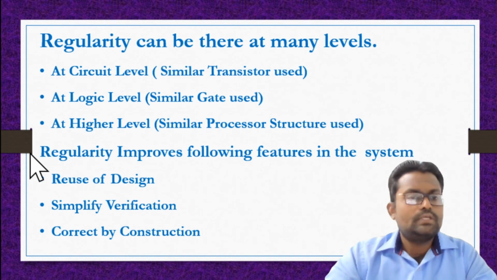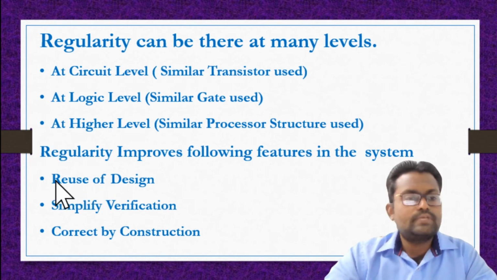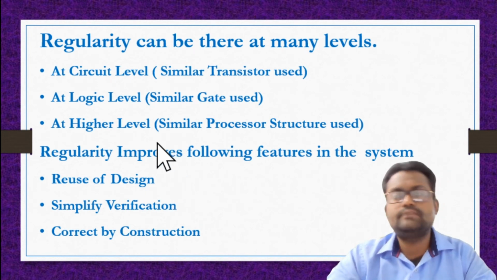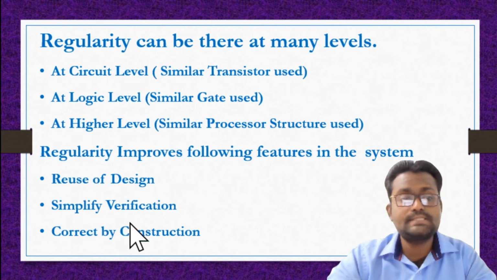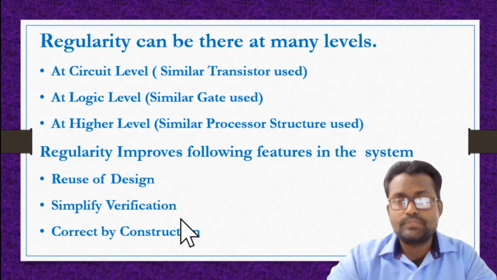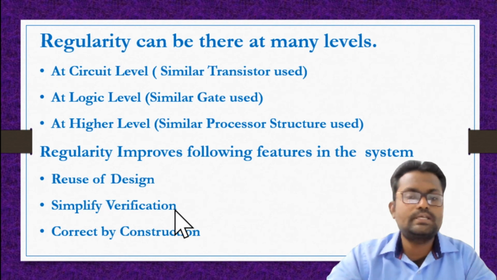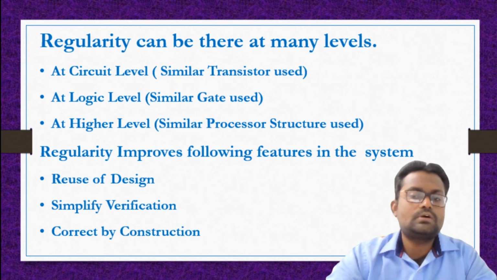Okay, now there are several features of regularity. The first one is reuse of design. You can reuse the design if we implemented any circuit by using the regularity approach. Second one is simplicity, simplified verification. You can easily simplify the circuit because the whole element is of simple type, so you can easily represent its output part also.